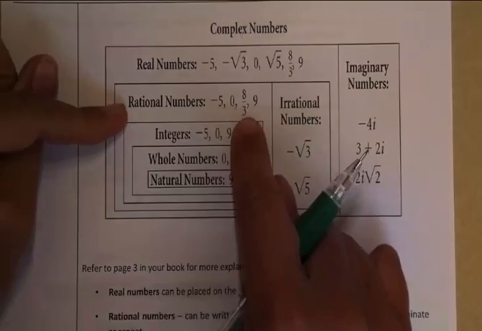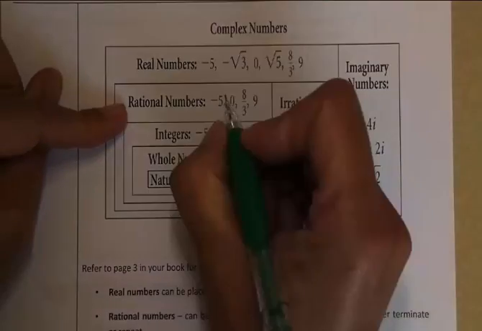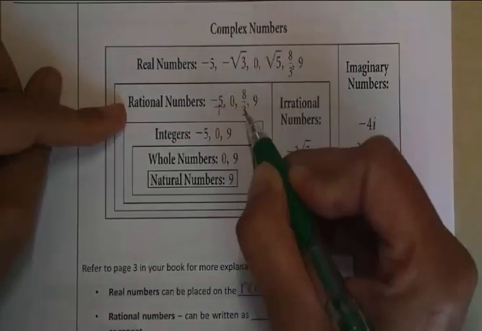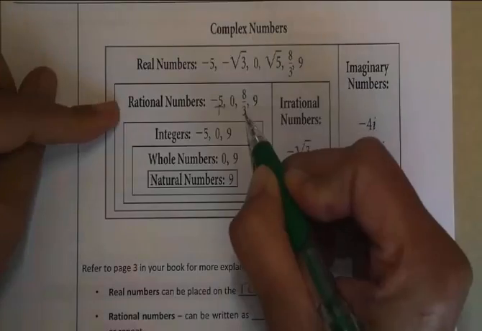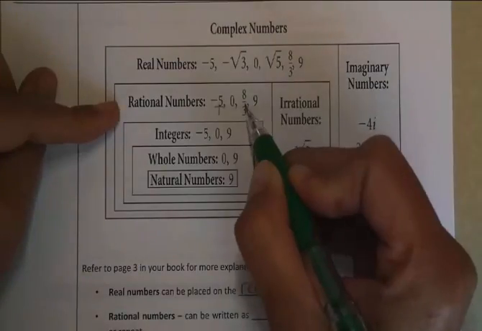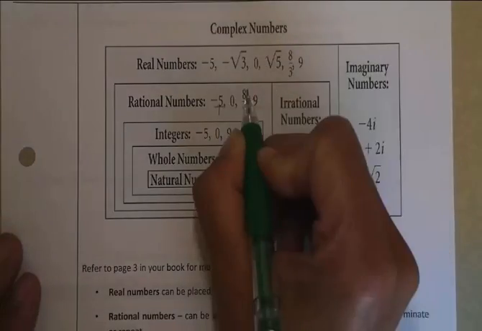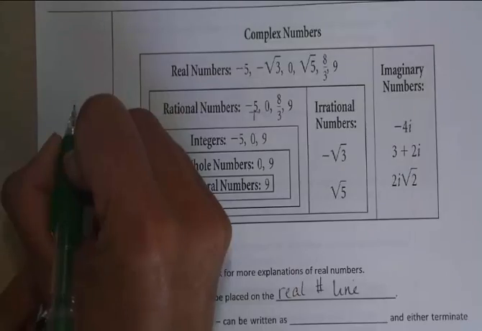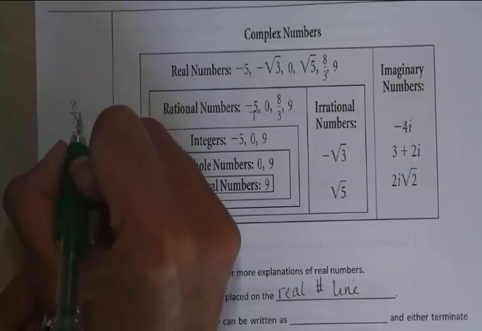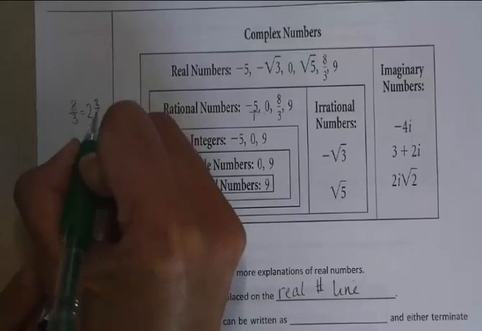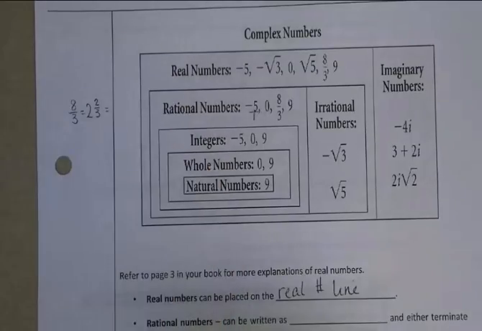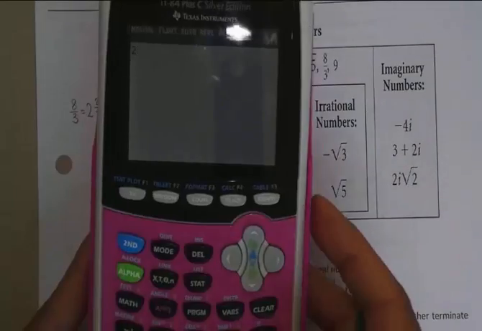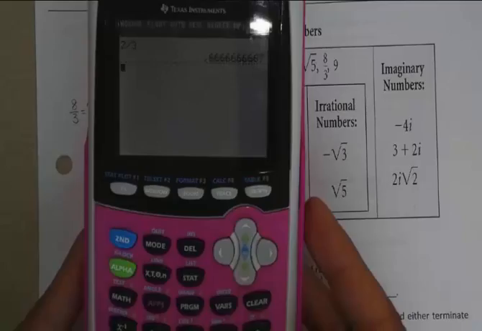Okay, so for example, I can write -5 as a fraction, right? 8/3, well, if I went ahead and changed that into a decimal, let's start by making it a mixed number. So 8/3, I'm going to do that over here. 8/3 is really 2 2/3. Well, and if you take 2/3 and you divide it, if you don't remember doing this before, if you take 2 and you divide it by 3, you get this repeating 0.66666.